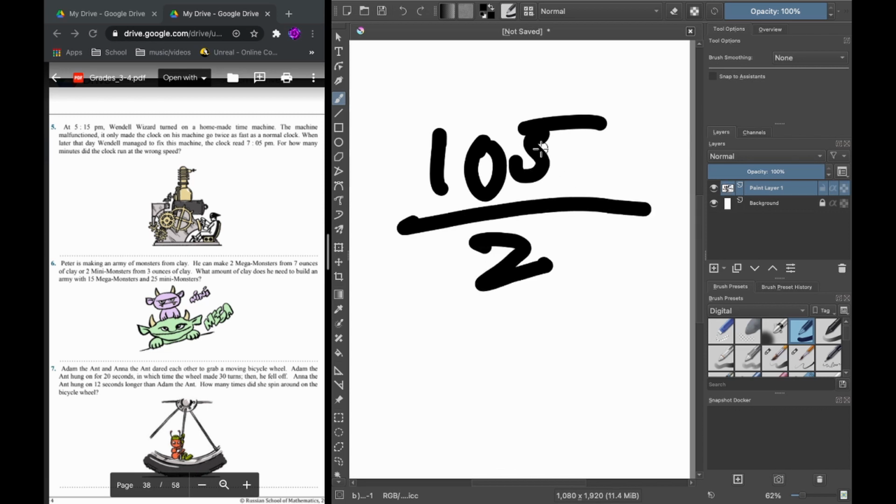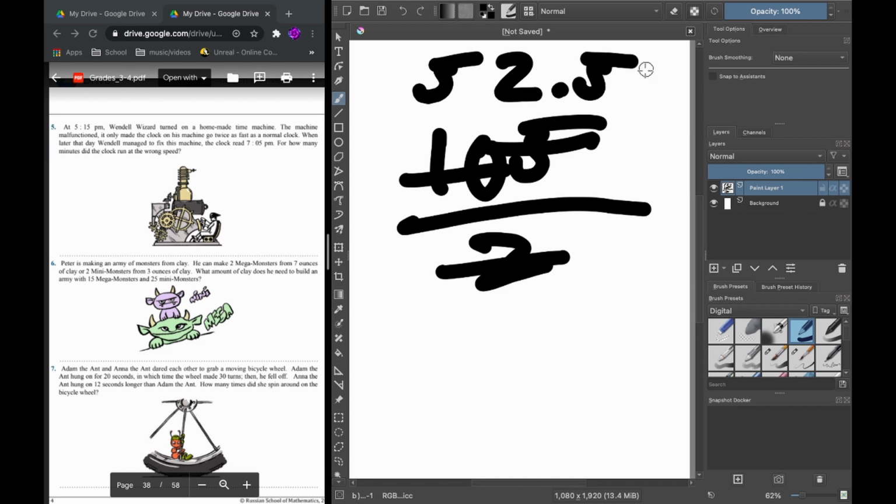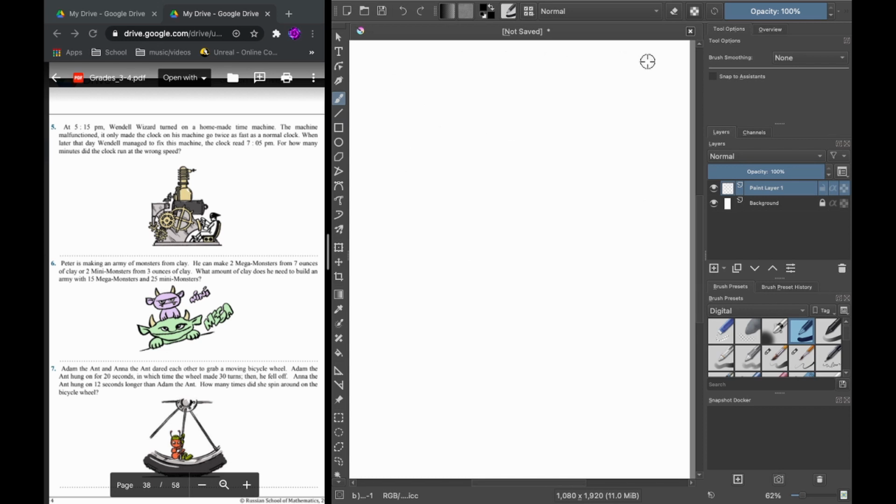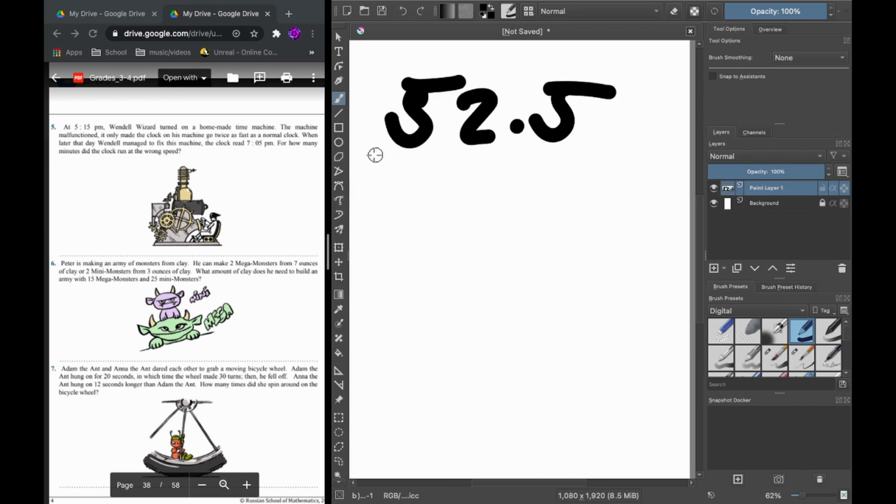This is going to be a remainder, and you are supposed to get a remainder. So 2 goes into 10 five times, and then this would be 2.5. So that's 52.5.